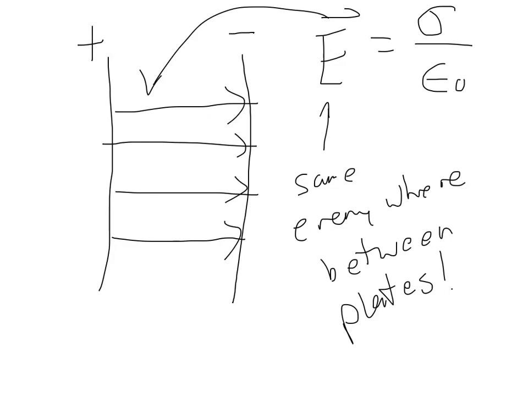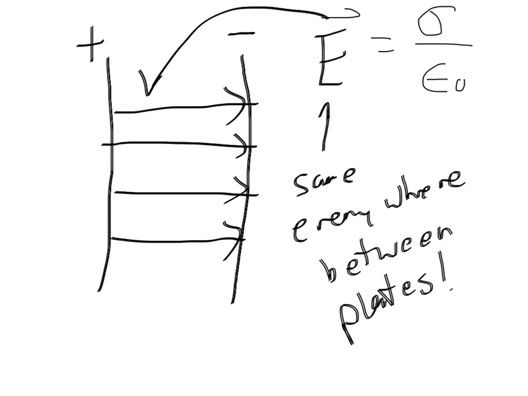But since there's two plates, if there were just one plate, there would have been a 2 here in the denominator, but since there are actually two plates, there's also a 2 up here, and those two twos cancel. So the electric field between the plates is simply the charge density divided by epsilon 0.